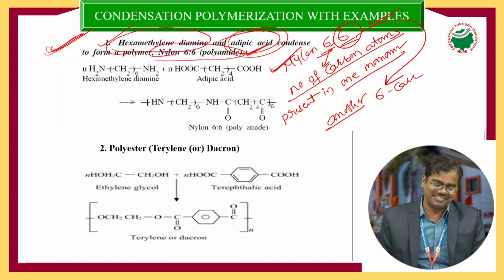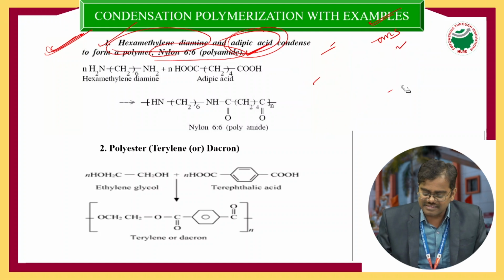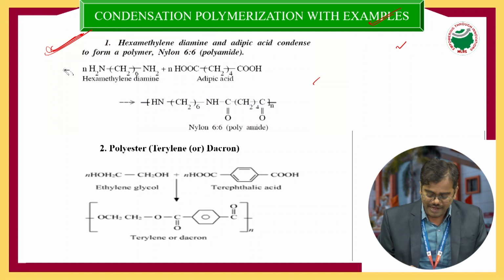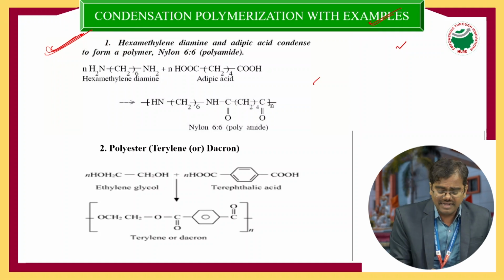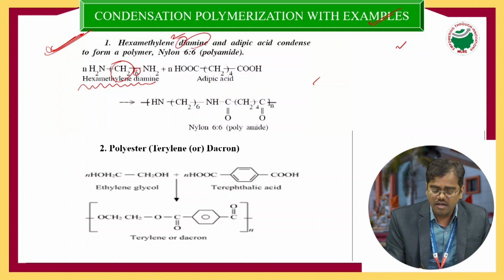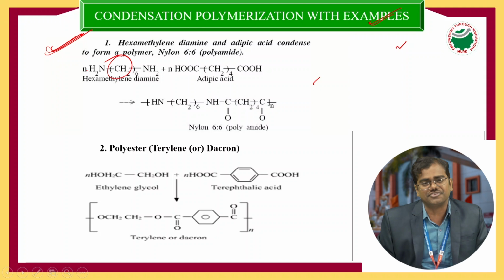We use it in textile industries. Okay guys, let's see how we can prepare or synthesize this nylon 6,6 polymer, a polyamide. The structure of hexamethylene diamine: hexa means 6, methylene group is CH2, di means 2, amine means amine groups. So hexamethylene diamine is one monomer consisting of 6 carbon atoms.